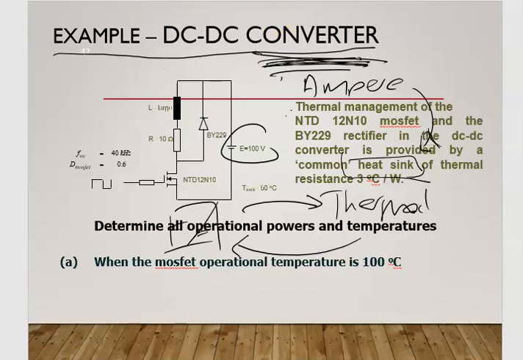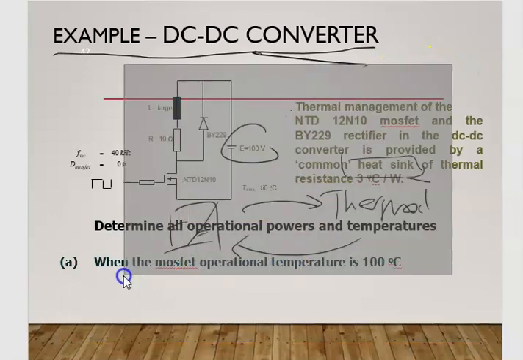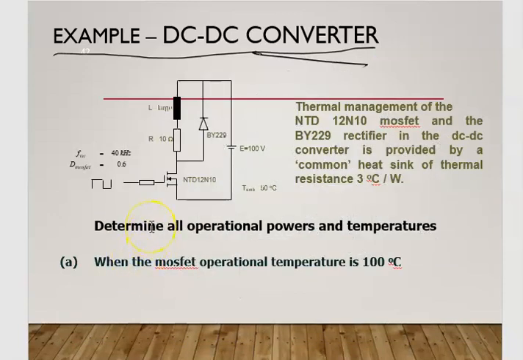We are issued a circuit and the parameters involved in it. Here we have the circuit of a DC-DC converter. The input is 100 volt, and the frequency at which we trigger the switching, this is your switch, is 40 kHz.